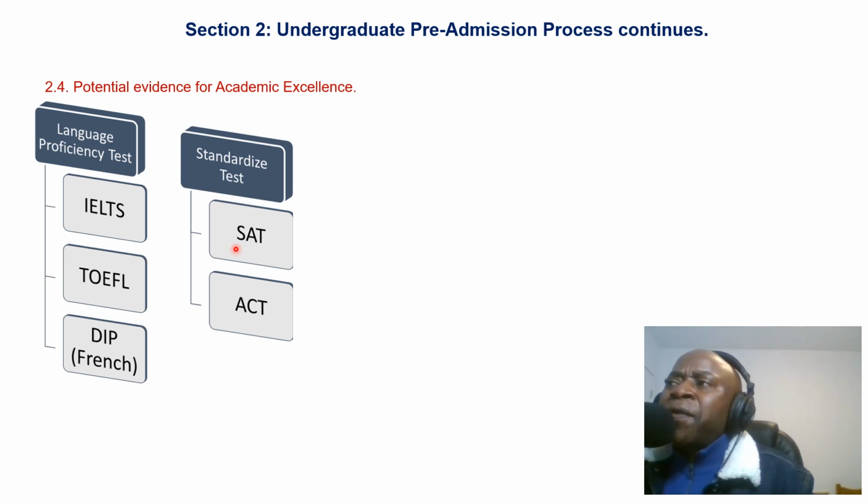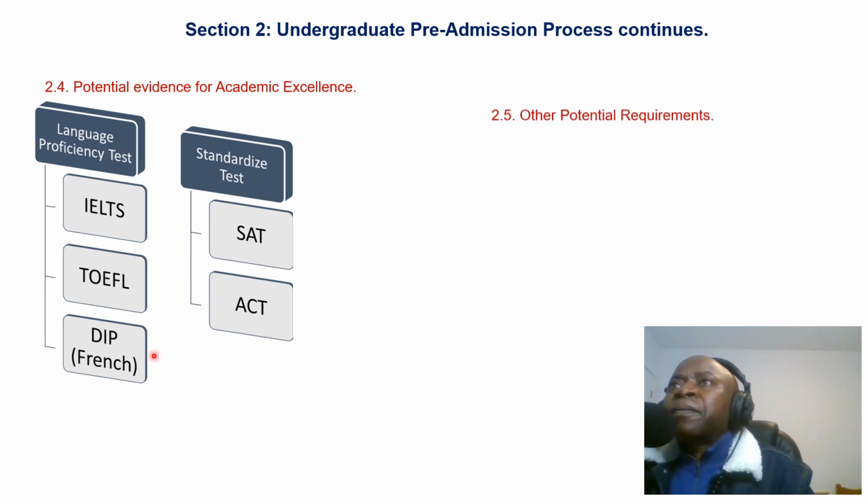So if you don't have enough funding and you think you are smart, then you consider taking SAT and ACT. So this aptitude test ranks candidates. So if you score a very high score, then you might likely get a scholarship. So these are what you call standardized international exams that rank students.